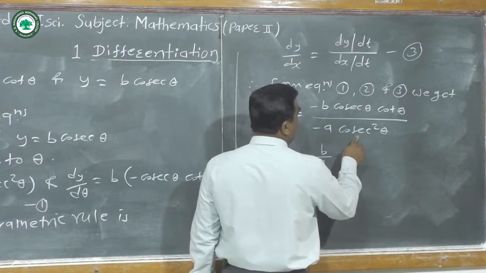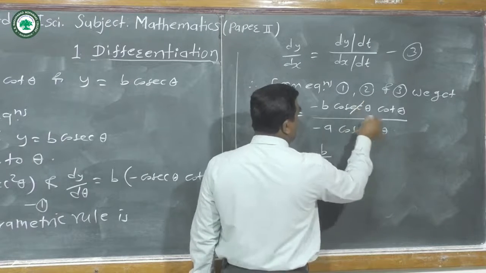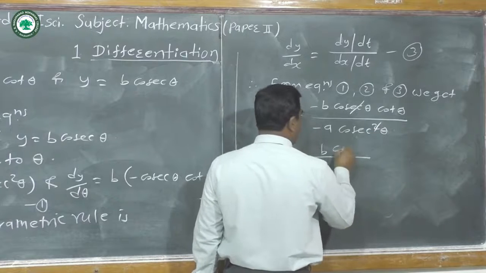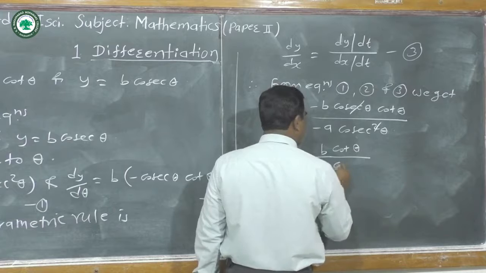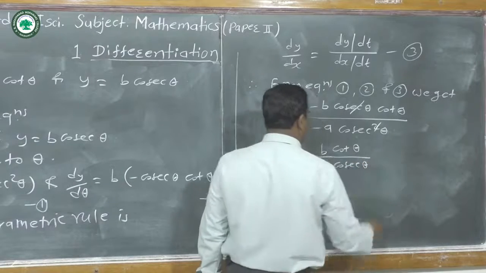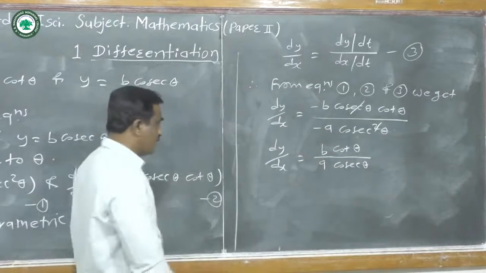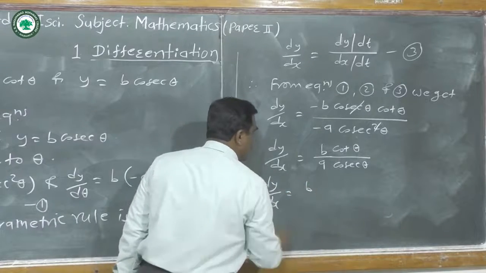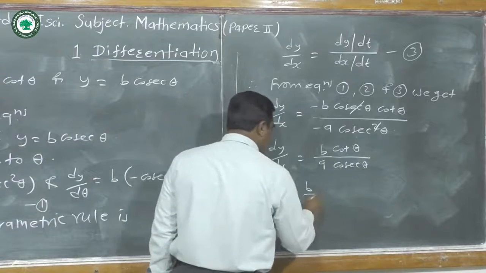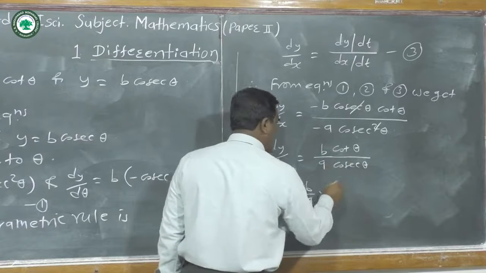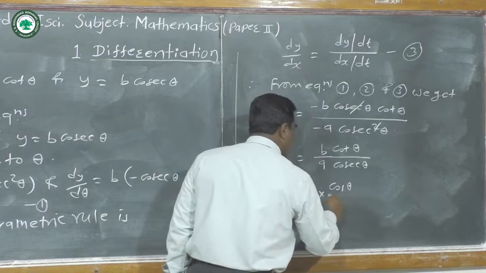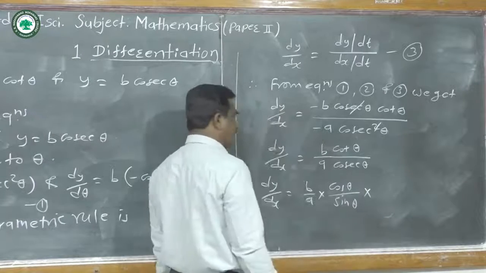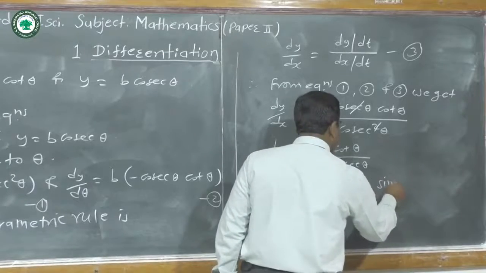Now cosec square theta, cosec theta, one cosec theta cancels. Now remains only cot theta upon cosec theta. Okay, that is dy by dx is equal to b upon a into cot theta, which means cos theta upon sin theta, and 1 upon cosec theta means sin theta.